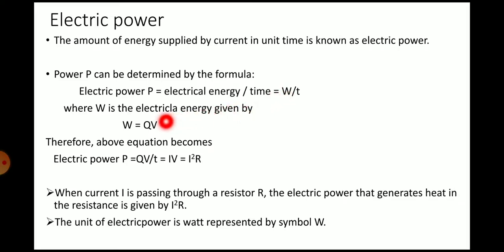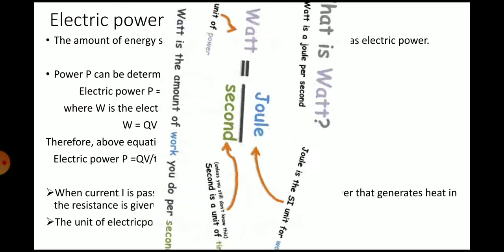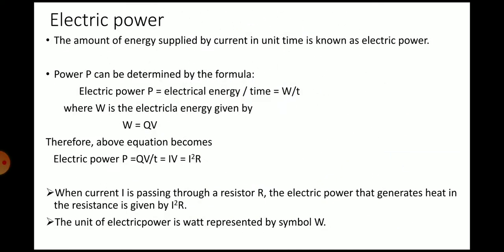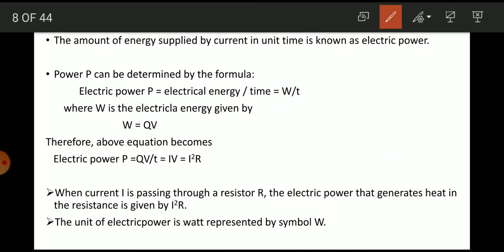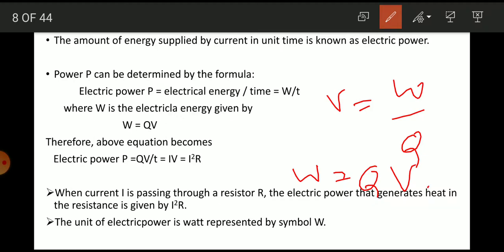This is the formula of power, where W is the electrical energy released when a charge is flowing. W is equal to QV. By definition of electric potential, V is equal to work per unit charge. So W is equal to QV. You will write this: power is equal to work per unit time.